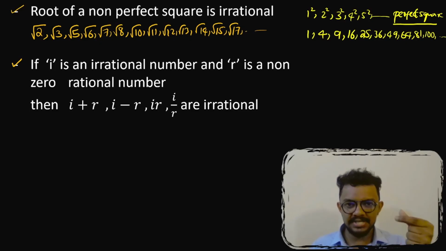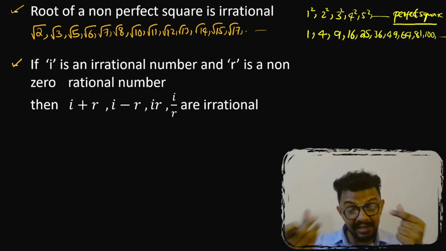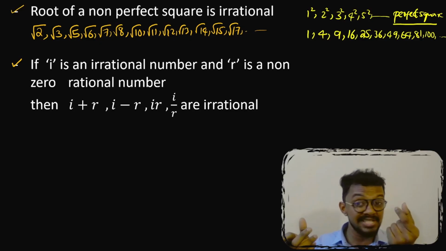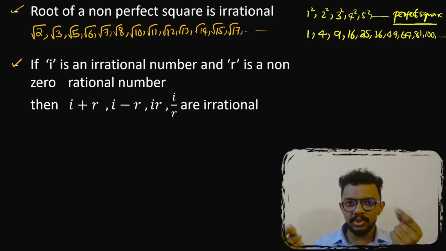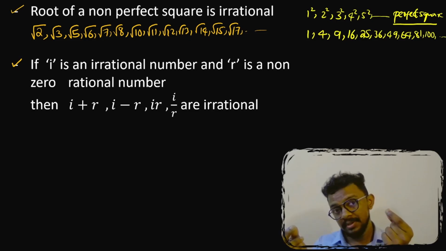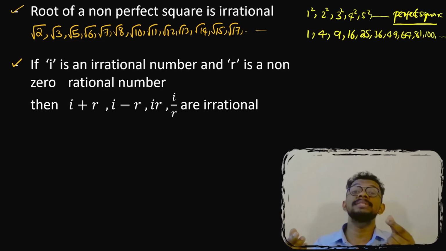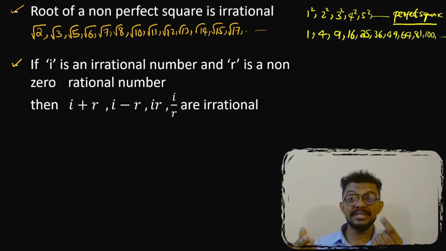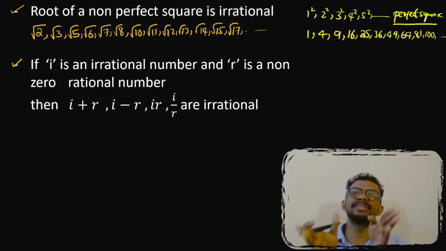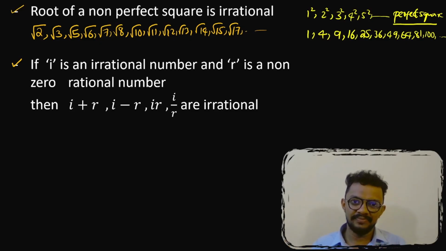I'm taking a rational number, I'm taking an irrational number. The rational number is not zero. Then if I add both of these, I will get an irrational number. If I subtract both of these, I will get an irrational number. If I multiply both of these, I will get an irrational number. If I divide both of these, I will get an irrational number.